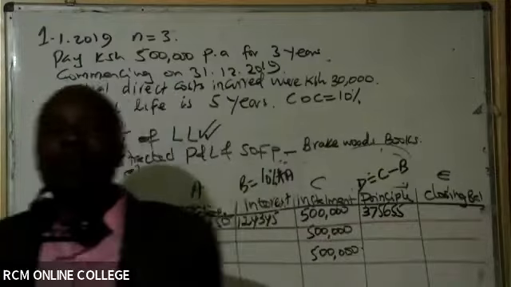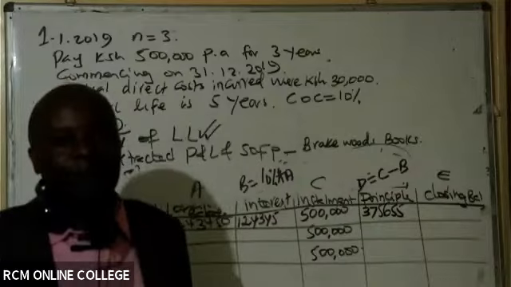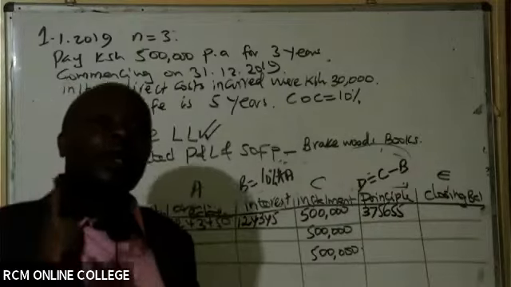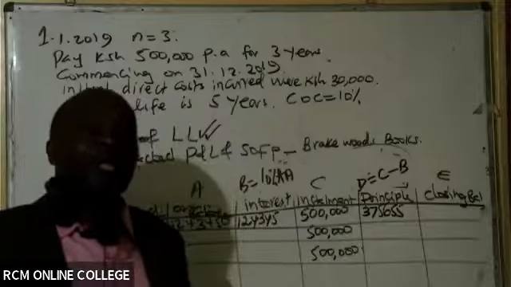Remember, your closing balance can only be reduced by the principal. So anytime you want to get the closing balance, you take the opening balance and subtract the principal.